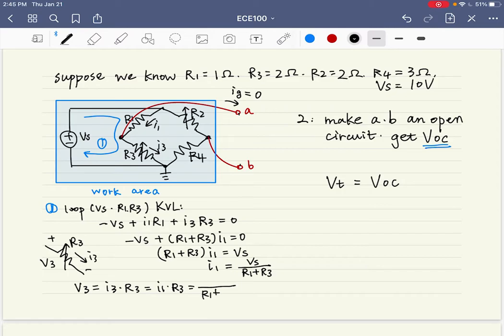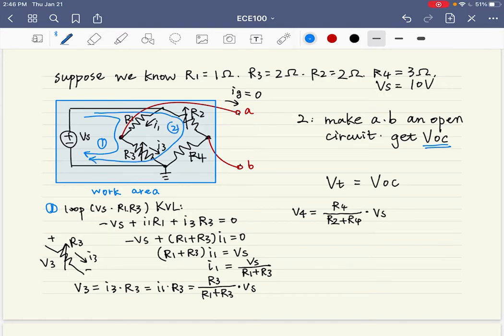A and B is open now, so IG equals 0, so I1 equals I3. So R1 plus R3 times I1 equals Vs, right?